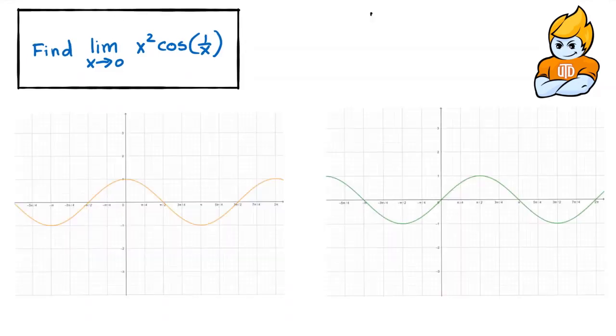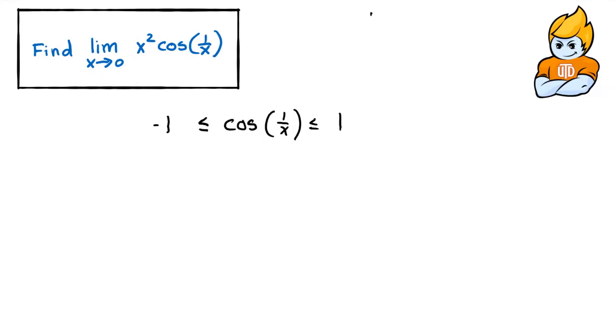So here's a graph of cosine and sine. And what you want to notice here is that both sine and cosine are bounded by 1. That is to say, whatever the input for the cosine or sine is, the output is always a number between -1 and +1. So that's going to be our starting fact. So writing down the fact that cosine is between -1 and +1 will get us started with our inequalities.